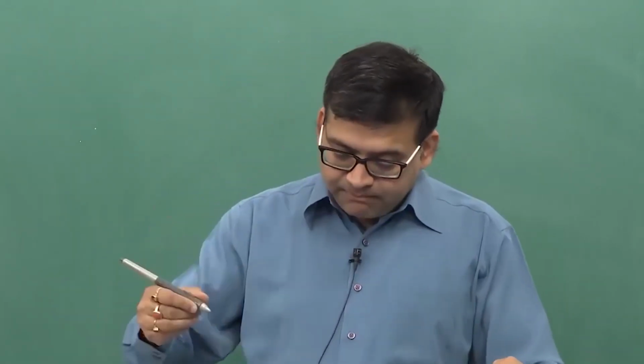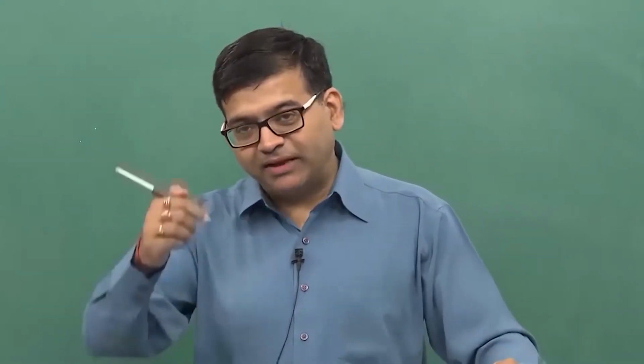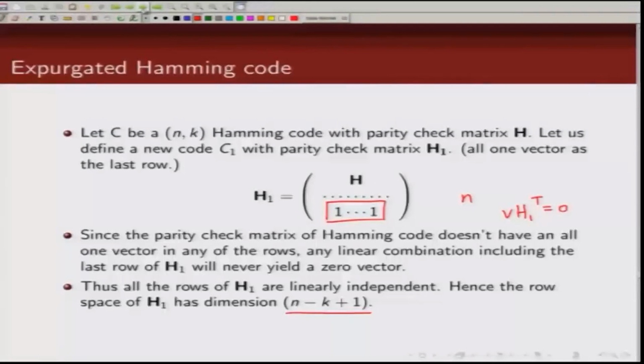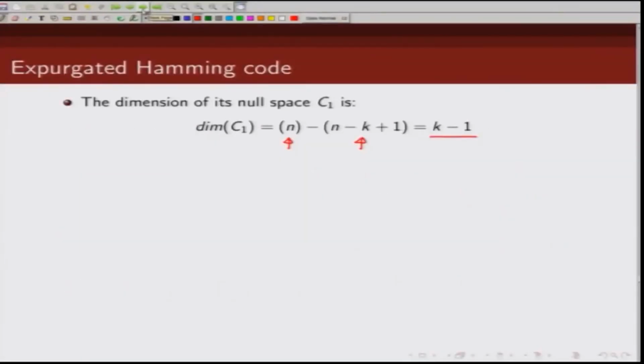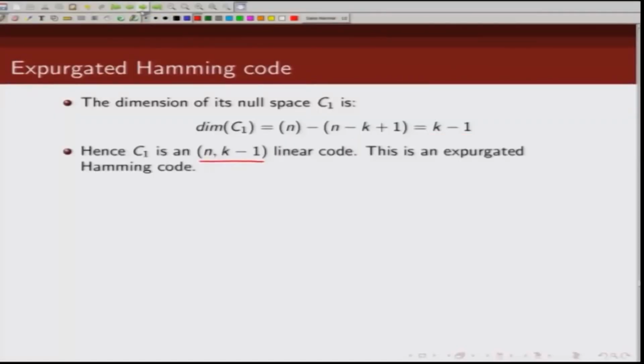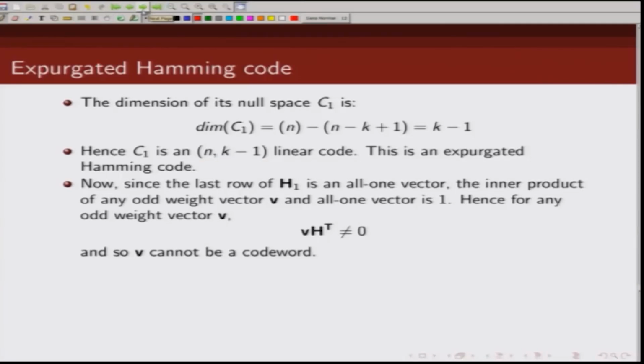So, V H n minus 1, then what you will get is basically some of these components of this code word, they should add up to 0, and this will happen only when V has even weight. So, this new code that we generated, the expurgated code, has all even weight code words.